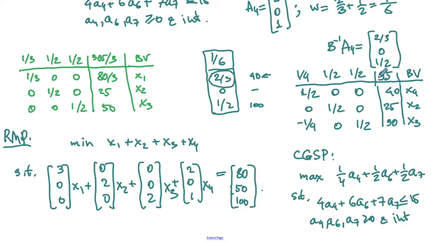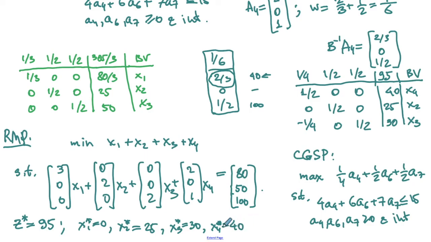The total number of boards that we have to cut is 95, and this is our optimal solution given by z star equal to 95, and then x1 star is 0, x2 star is 25, x3 star is 30, and x4 star is 40. So we are using only 3 different cut patterns to produce our optimal solution.